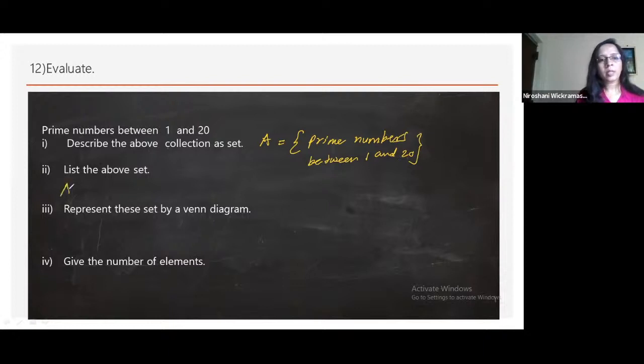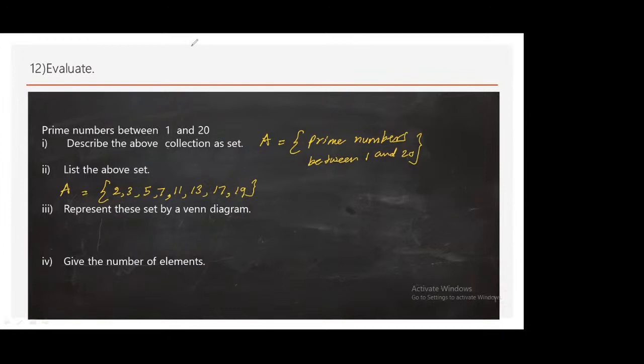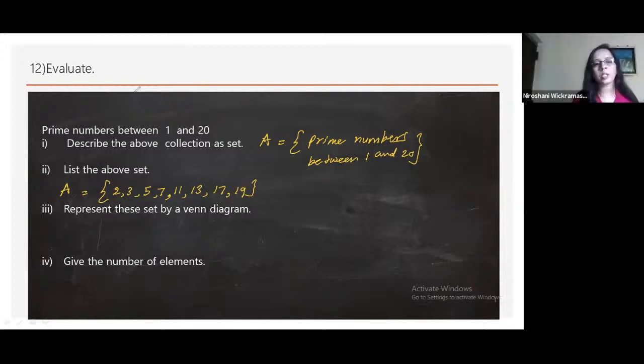List the above set: A equals prime numbers 2, 3, 5, 7, 9 can't take, 10 can't take, 11, 13, 17 and 19. These are the prime numbers between 1 to 20, because these numbers have only two distinct factors, only one and itself.